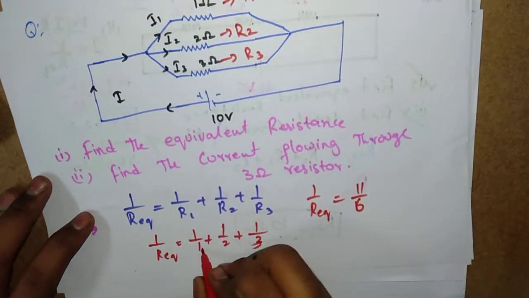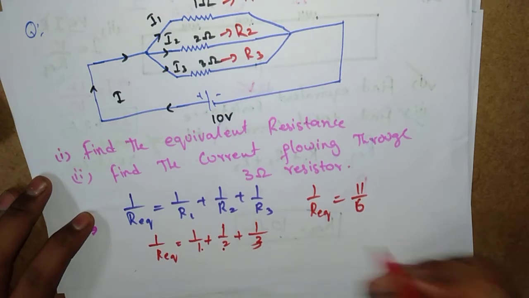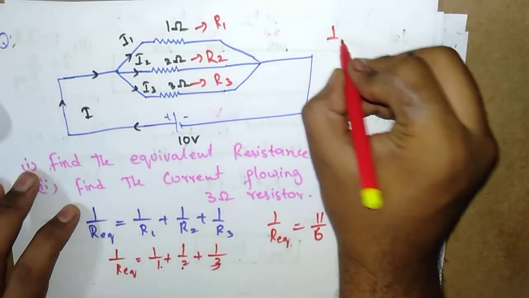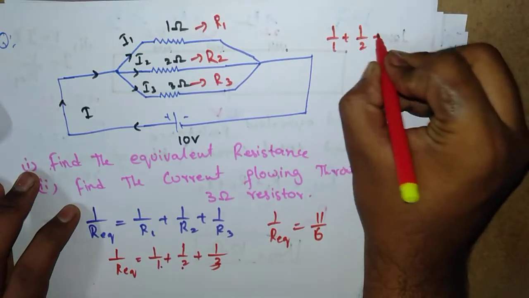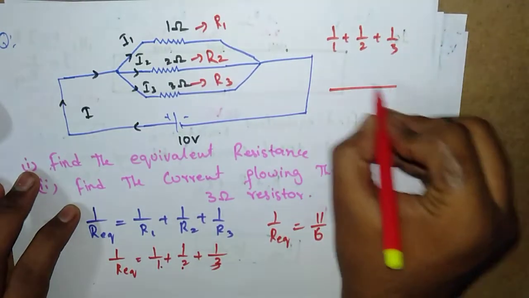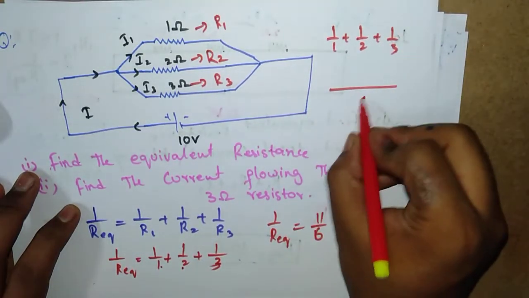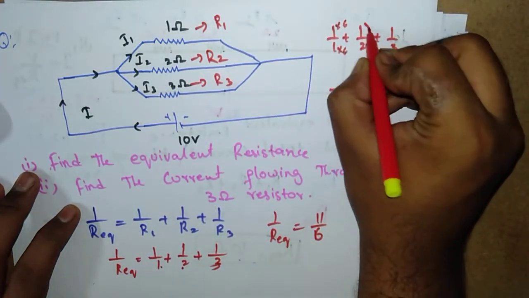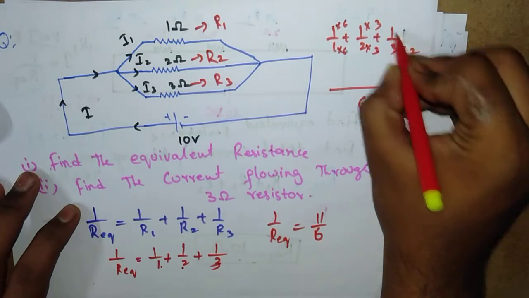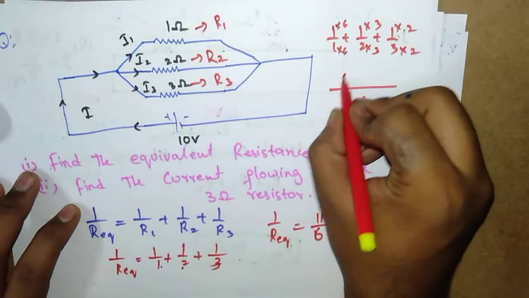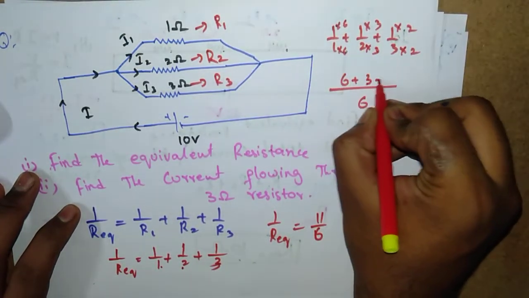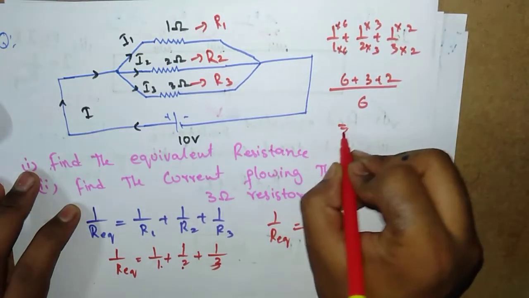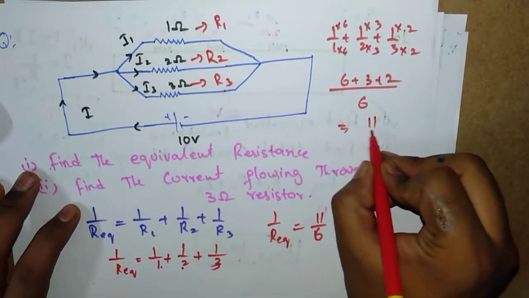Look here, the LCM is 6. 1 by 1 is 6 by 6, 1 by 2 is 3 by 6, and 1 by 3 is 2 by 6. So 6 plus 3 plus 2: 6 plus 3 is 9, 9 plus 2 is 11, so 11 by 6.